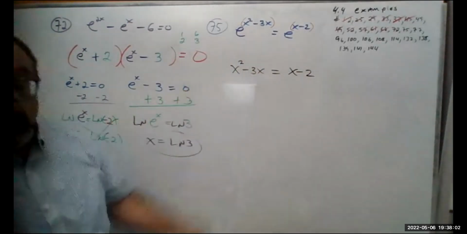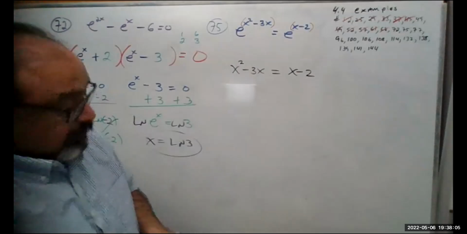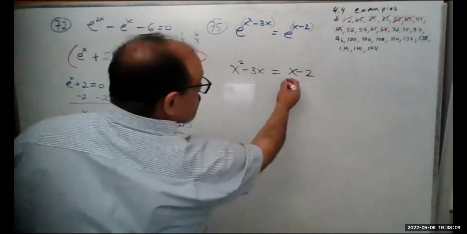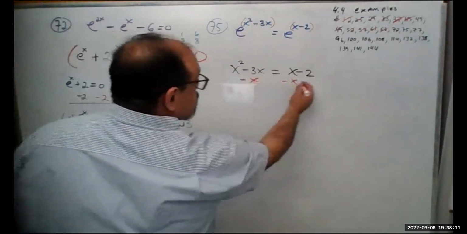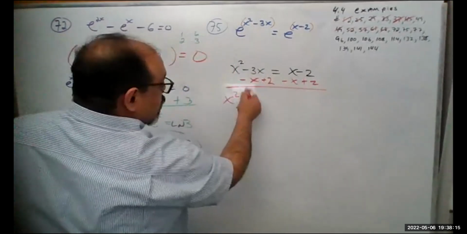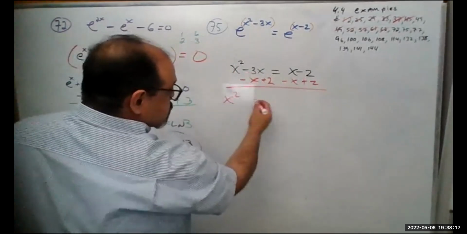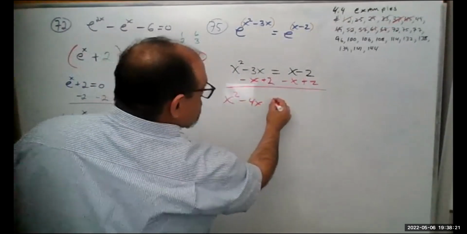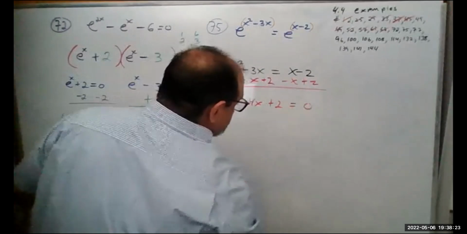Now that's a quadratic. When you solve a quadratic, make one side 0 and try factoring. Subtract x, add 2, x squared minus 4x plus 2 is equal to 0.